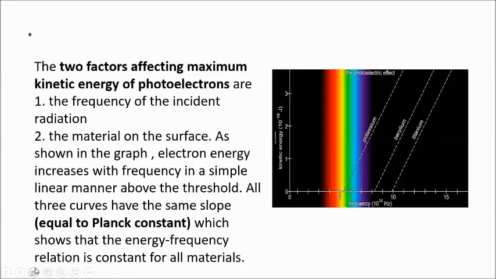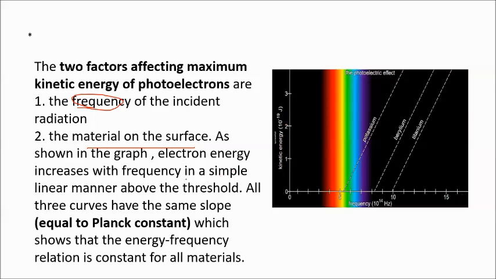So there are two factors affecting the maximum kinetic energy of photoelectrons. The following are the frequency of the incident radiation and the material of the surface. Shown in the graph, electron energy increases with frequency. This is energy on the y-axis, frequency on the x-axis.